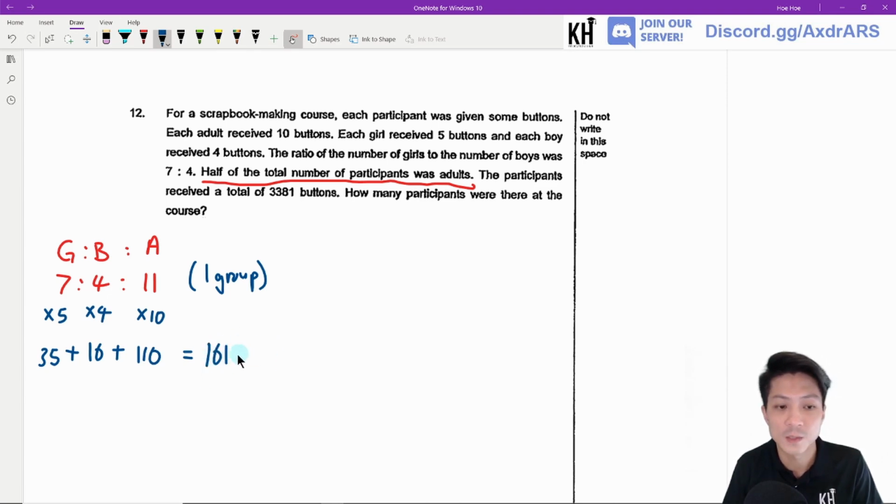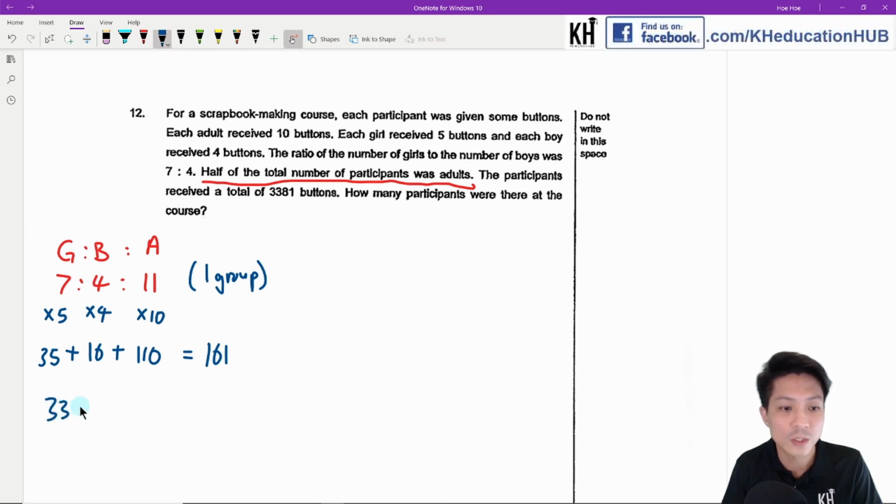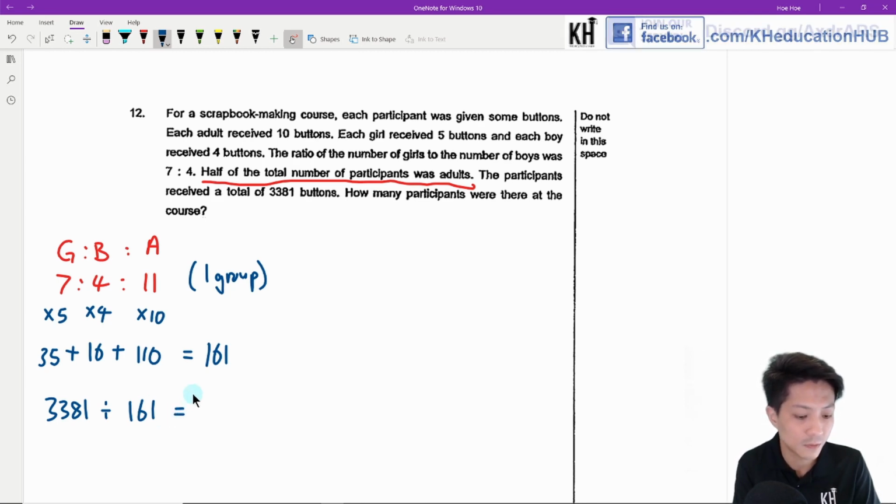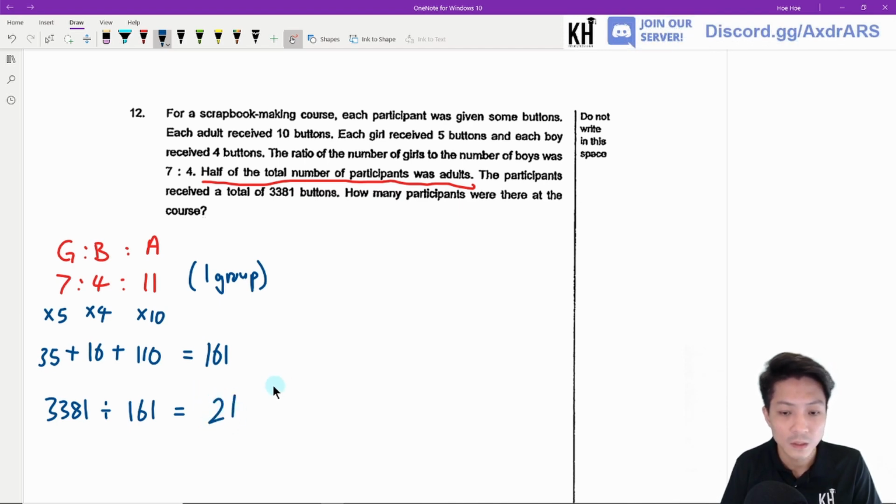The next step is to use 3381 divided by 161 to find the number of groups. So there's a total of 21 groups.